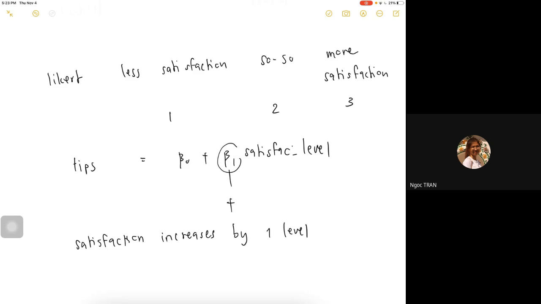This is the way you interpret the ordinal variable here.